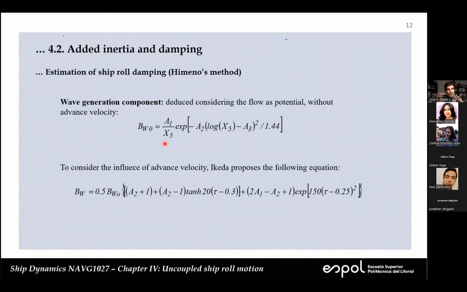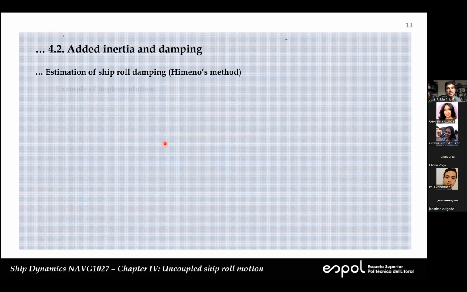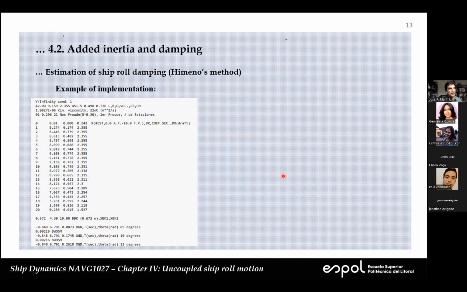Then after you take this value for the wave generation, you prepare a text file, and this is a typical text file for that. This is a calculation we prepared a couple of years ago. In this case, we were trying to compare the influence from a Bilge-Keel and from an active roll control motion.